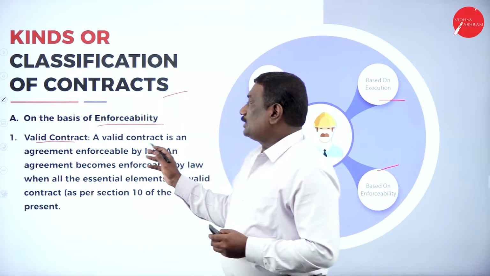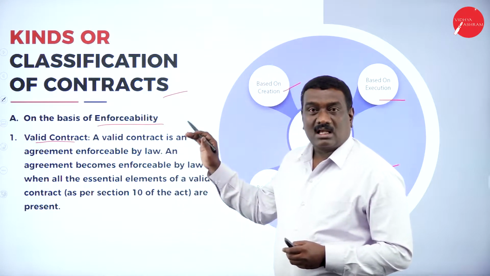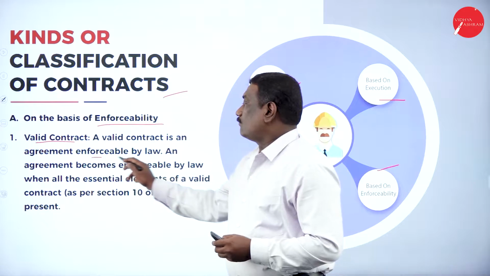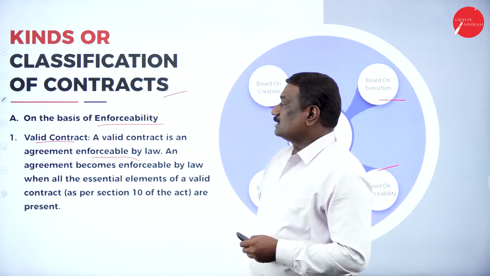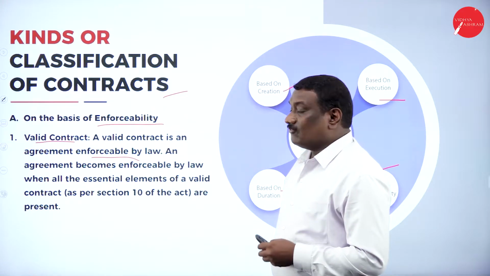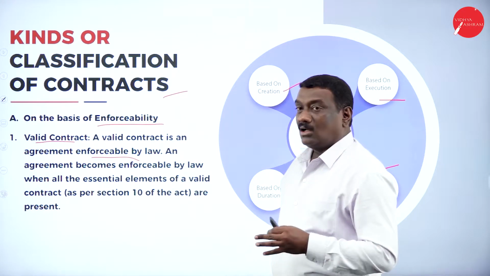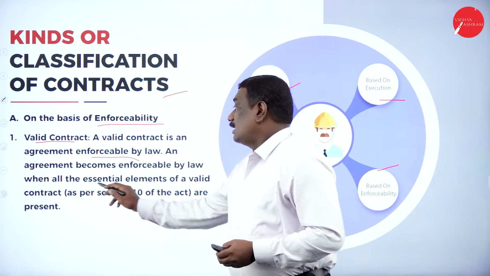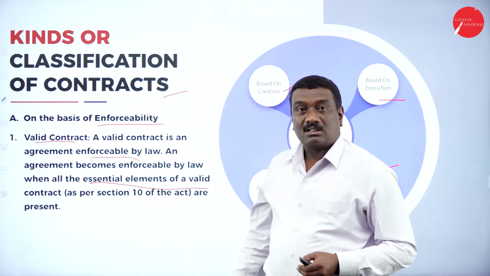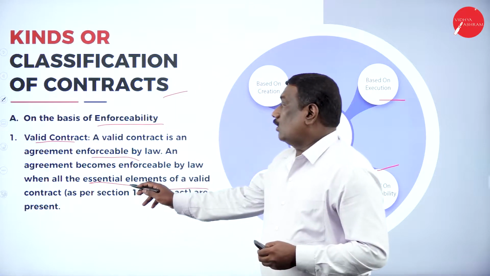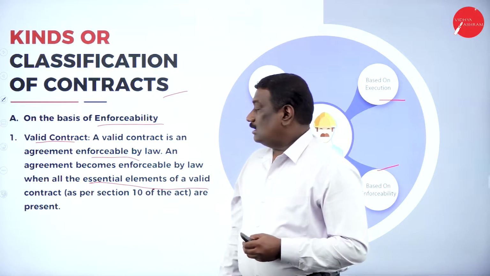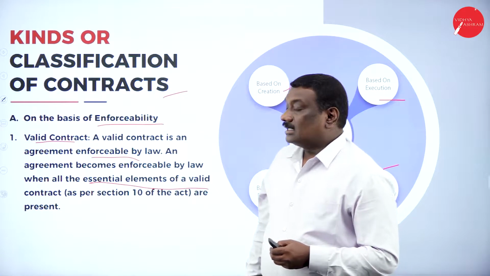So a valid contract is an agreement which is enforceable by law, and an agreement becomes enforceable by law only when all the essential elements of a valid contract are present.